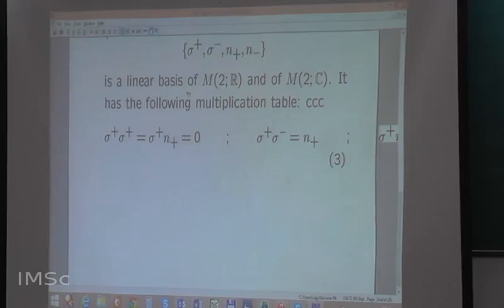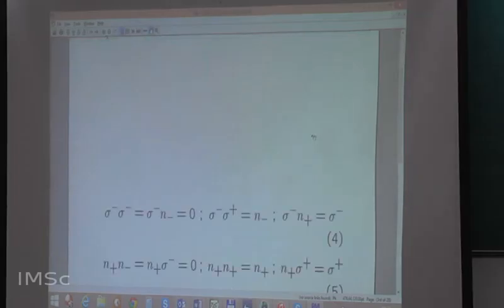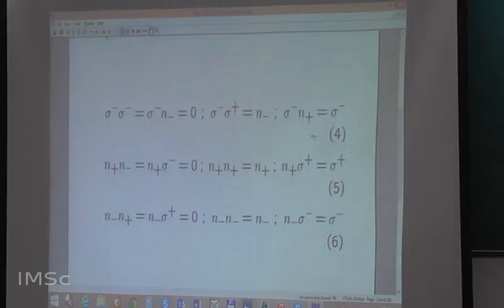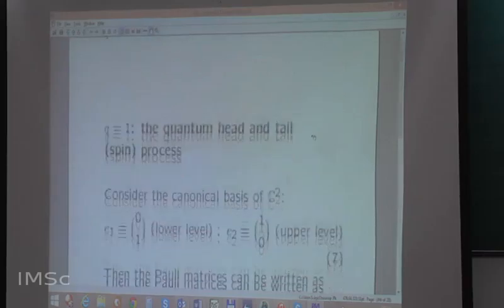And plus and minus are orthogonal projections. So the important point is sigma plus is nilpotent. Therefore, also sigma minus is nilpotent. And the modulus square of sigma minus is a projection. So they are both partial isometries also, and the same for sigma minus. These are simple exercises you can do.